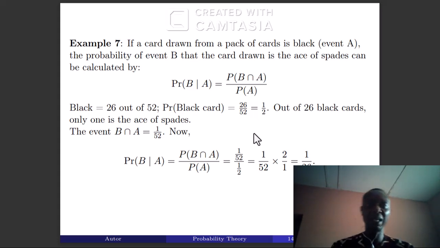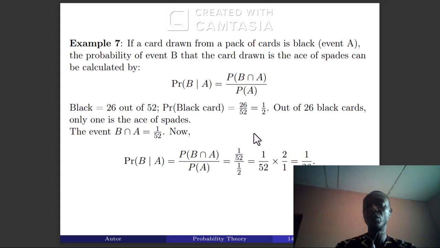Black cards, how many black cards? The total number of cards is 52. How many black cards? 26. So the probability of a black card is 26 over 52, which gives us 1 over 2. Out of 26 black cards, only one is the ace of spades. So the probability of B intersection A is 1 over 52.